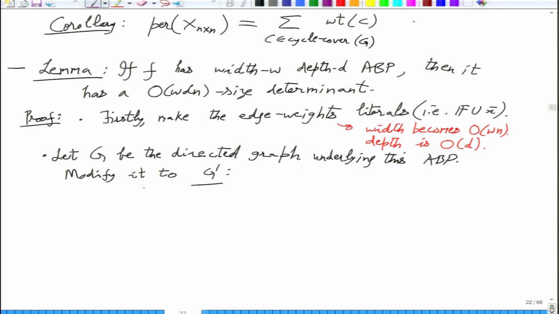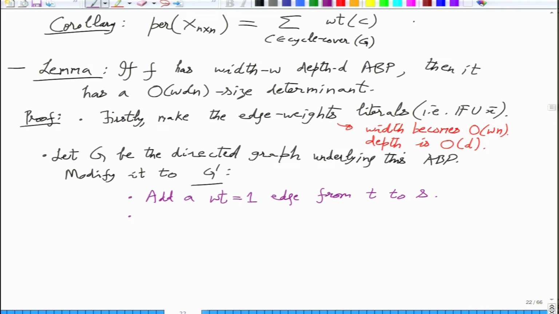What we will do is add a unit weight, which is weight equal to 1, edge from T to S. So sink to source, we add a reverse edge. So a path now becomes a cycle, S to T and back. But you would be interested in a cycle cover, right?